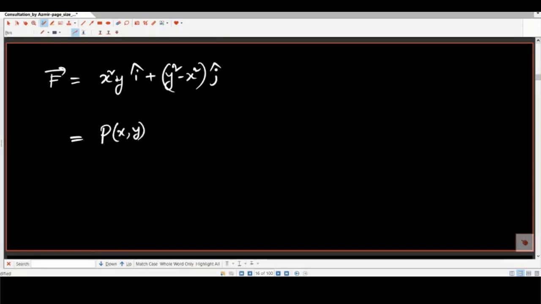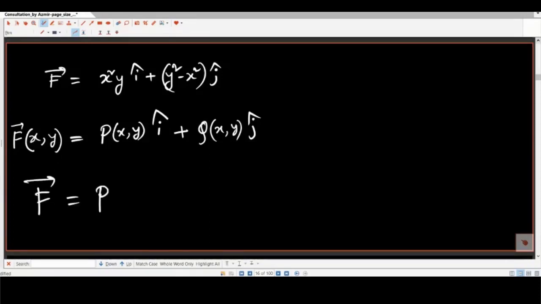This time we have two inputs x and y. And y squared minus x squared can be written as q of x comma y with j. So since p and q are functions of two variables x and y, similarly the vector f will be a function of two input variables x and y. So in short we can say f equals pi plus qj.